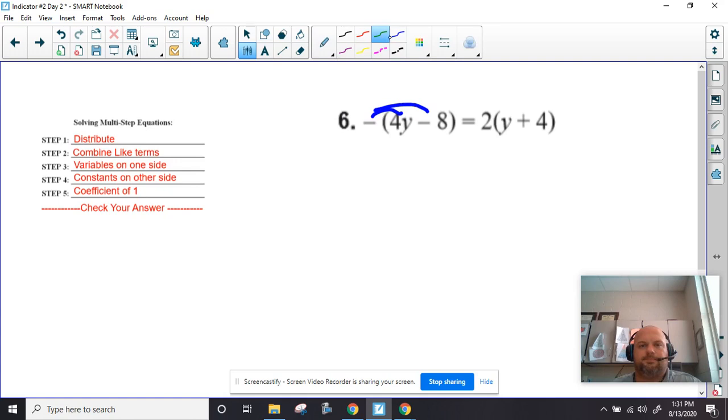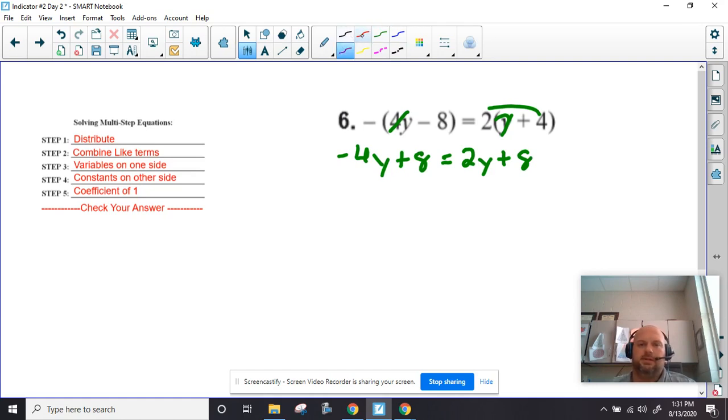So -1 times 4 is a -4y. -1 times a -8 is a +8. Now, 2 times y is 2y. 2 times 4 is 8. All right, distributed, they're all unlike terms.